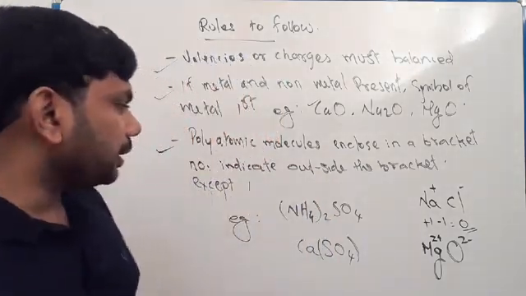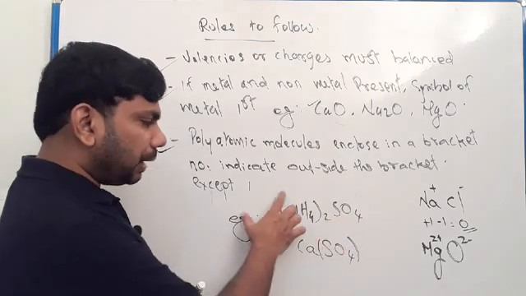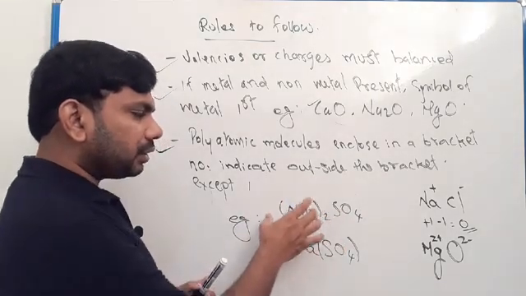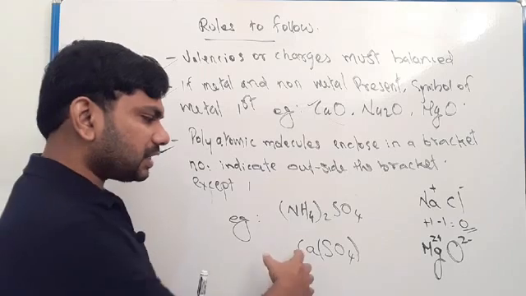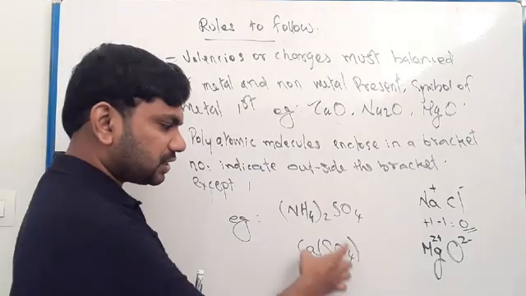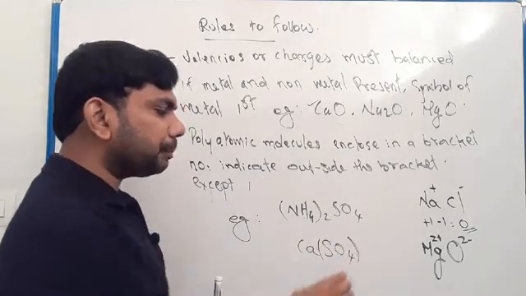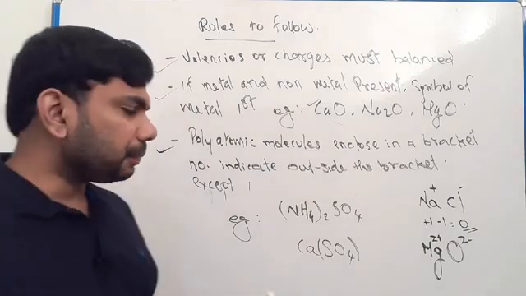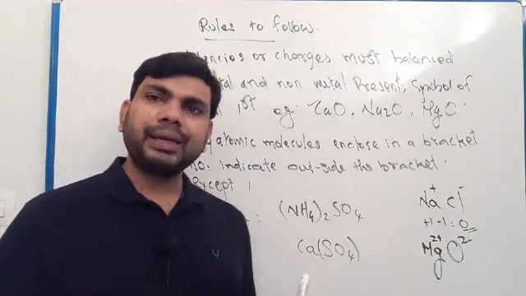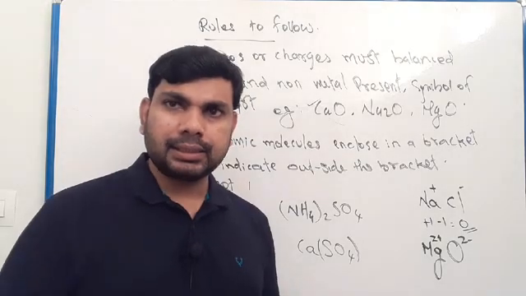For example, look here, ammonium sulfate. So ammonium is enclosed in a bracket. Calcium sulfate, we have to put one bracket. Here the polyatomic molecule should be inside a bracket.